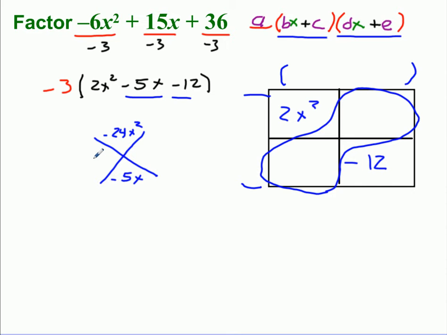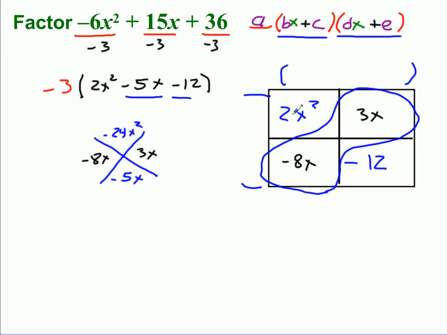In this case, those two terms are going to be negative 8x and positive 3x, because negative 8x times 3x is negative 24x squared, and negative 8x plus 3x is negative 5x. Negative 8x and 3x. So now I'm going to look for the greatest common factor of each pair.